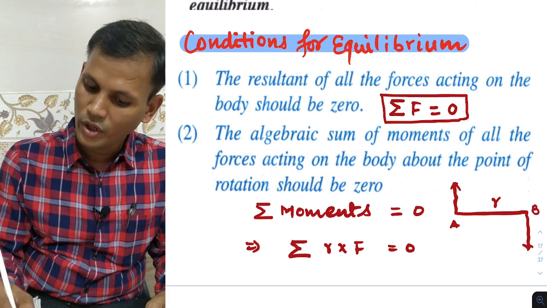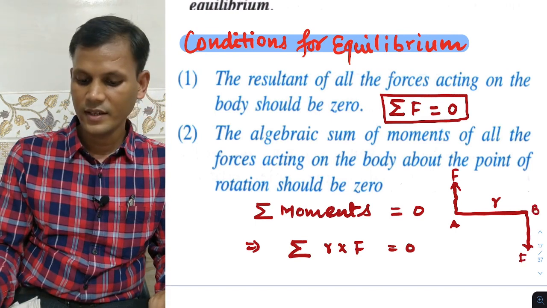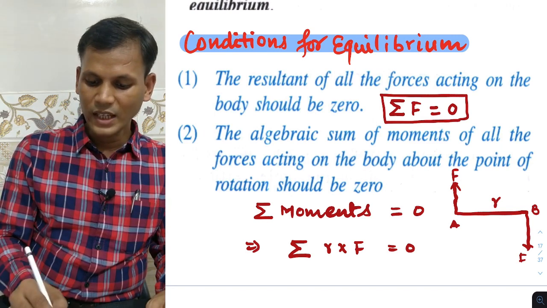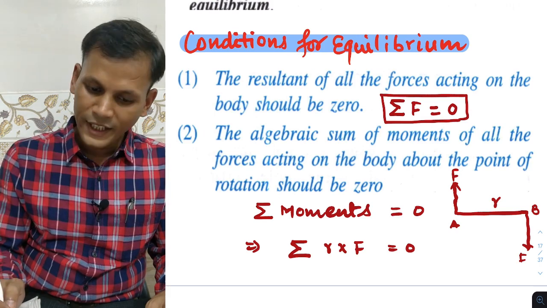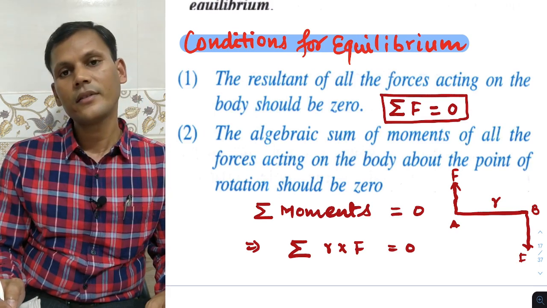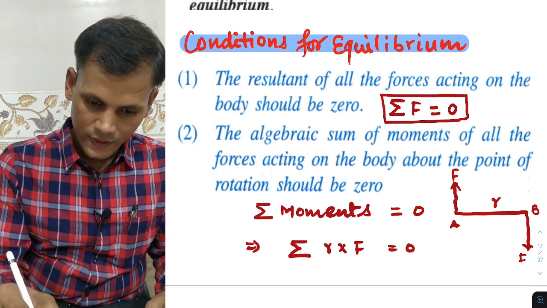These are the 2 points A and B. Here is force F as well as here is F. So it will be R into F. That summation of R into F will be 0. So I think it is clear.